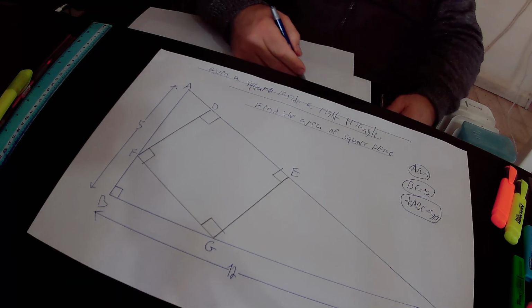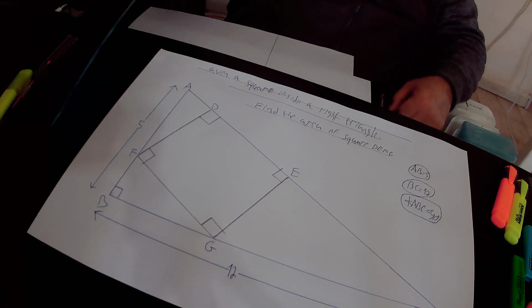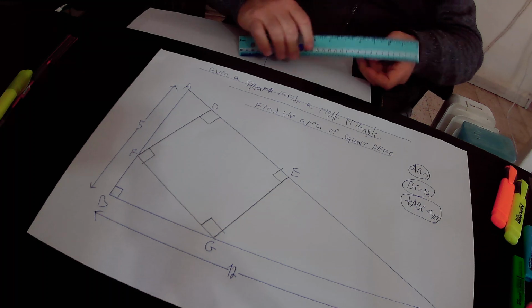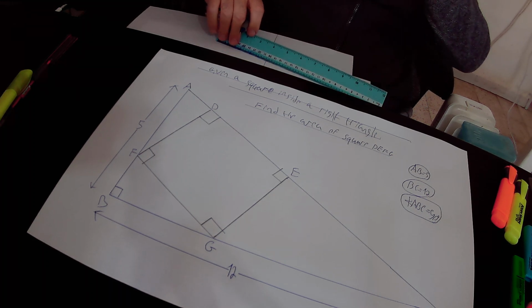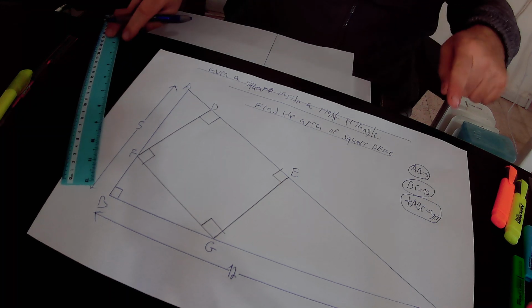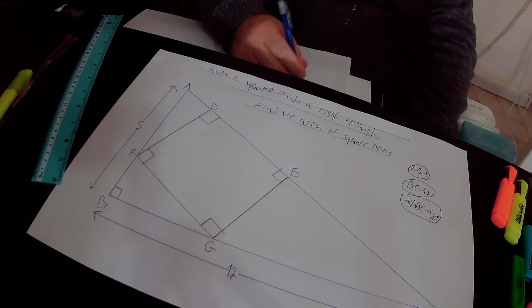AB is 5, therefore AB squared is 5 squared, that is 25. Plus BC squared. BC is 12, therefore BC squared is 12 squared, that is 144.